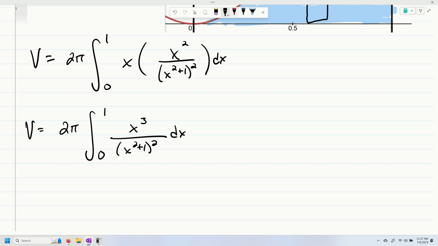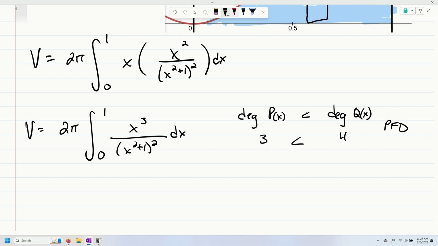And from here you can see that the degree of the numerator, which is a 3, is definitely going to be less than the degree of our denominator, which is a 4. So we're going to go ahead and use partial fraction decomposition again, which is exactly what we want.